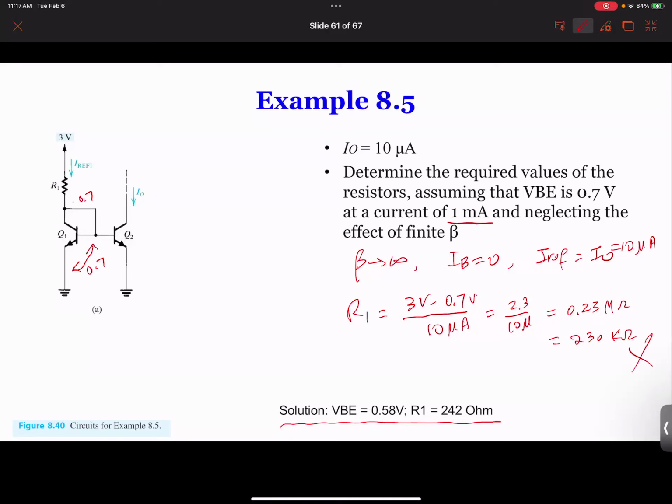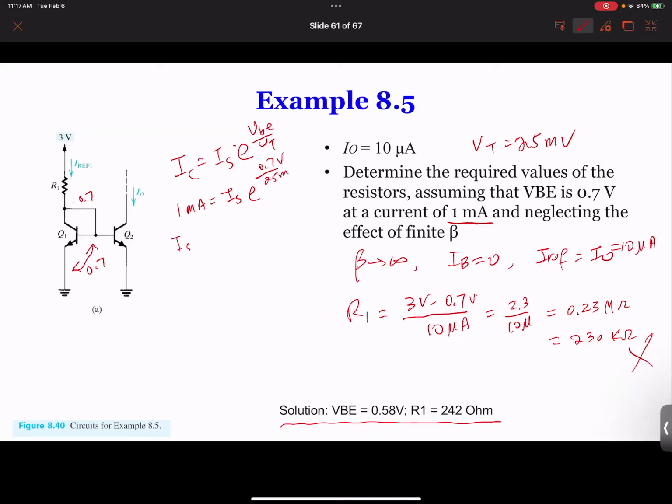What you really need to do is to look at the equation here: IC equal to IS times e to the VBE over VT. Now here we assume VT is 25 millivolts. So if IC is 1 milliamp, equal to IS times e to the 0.7 over 0.025, that's volts, so remember that difference.